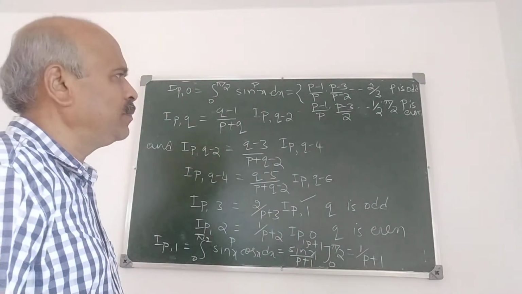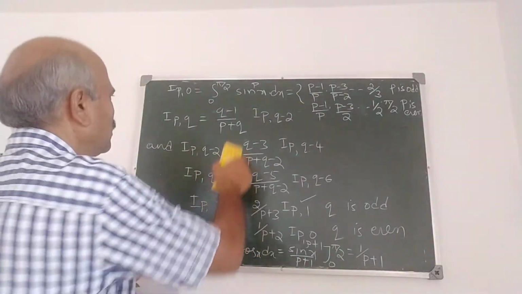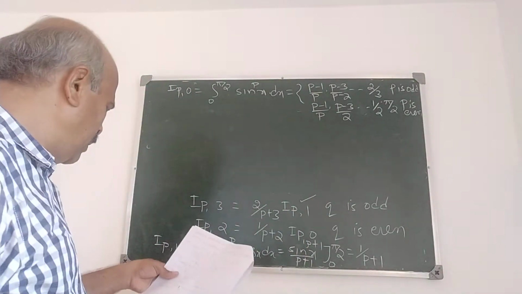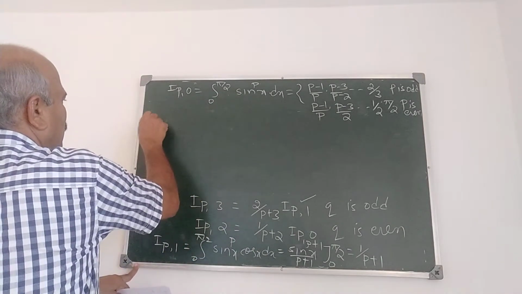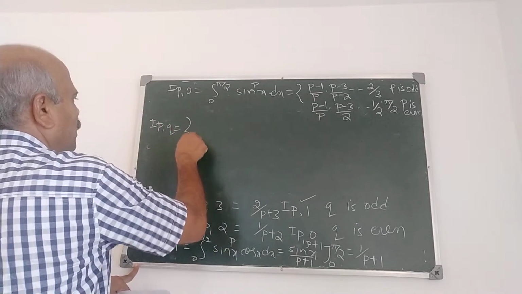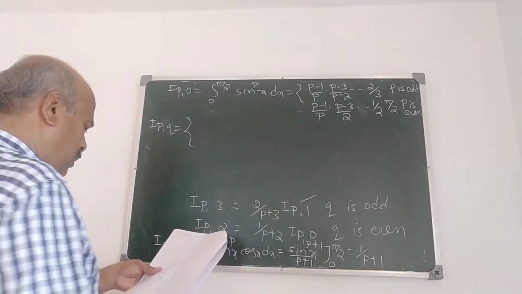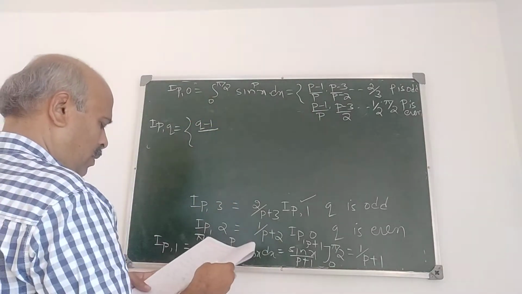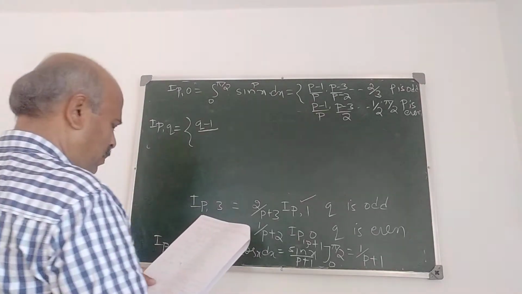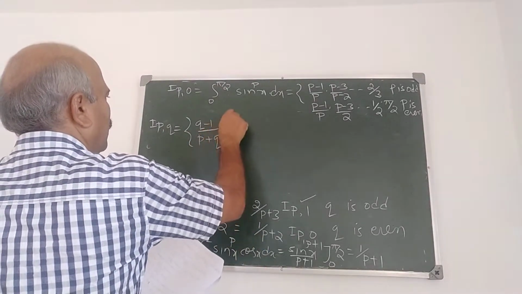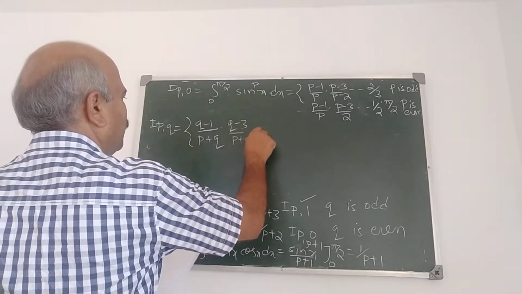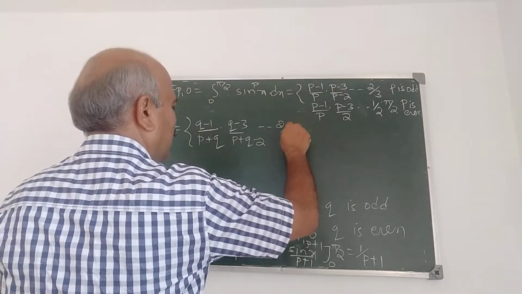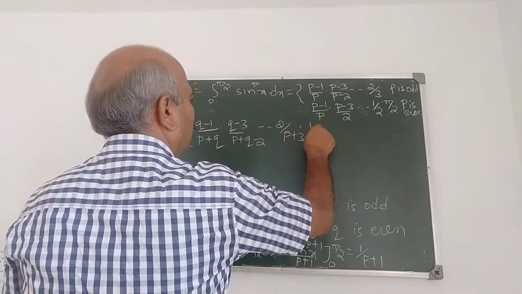P is even. Now using all these things, I will write here, I_{p,q} is, these cases arise now. I_{p,q} is q minus 1 by p plus q, q minus 3 by p plus q minus 2, and so on, 2 by p plus 3, into 1 upon p plus 1.